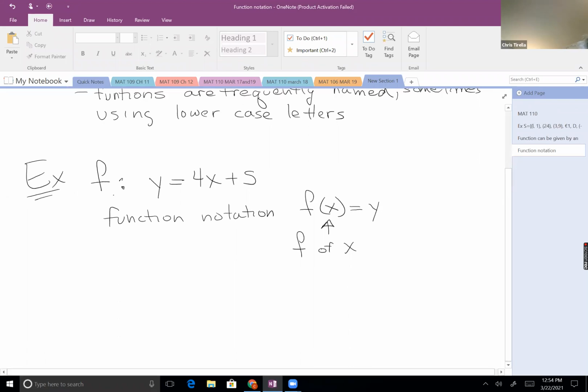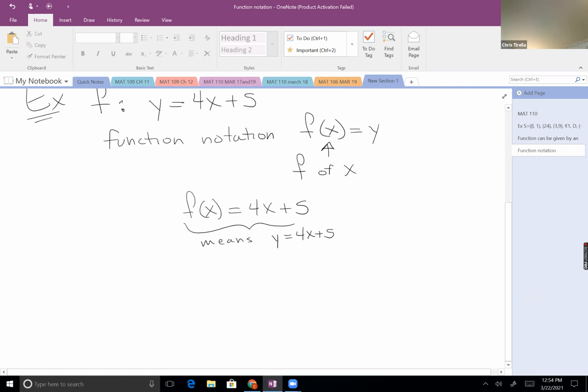And so where we have f as the function, where y is equal to 4x plus 5, we could have written that as f of x equals 4x plus 5. And this is just another way of writing y equals 4x plus 5. Function notation, though, is frequently used to help us when we actually substitute in values for the variable.